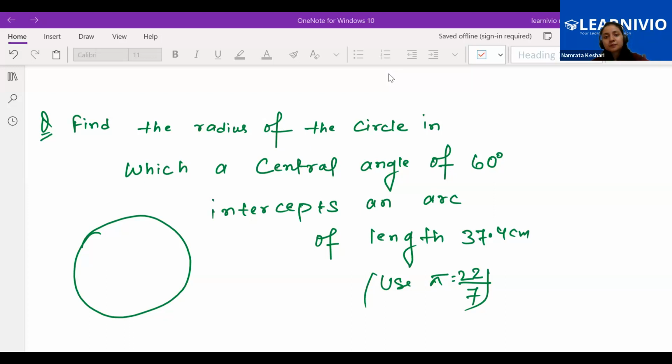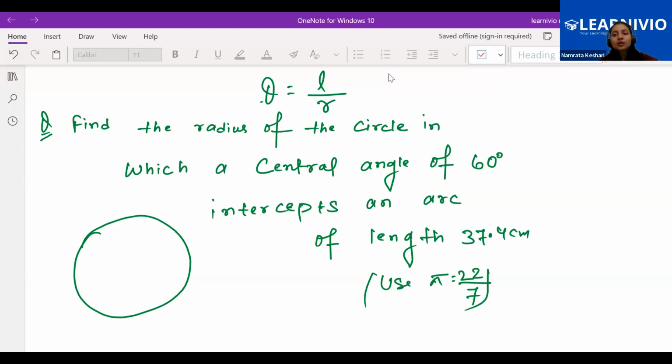Central angle, that is given as 60 degree. So we will be using theta as 60 degree. Yes, ma'am. Is it so? We are having the formula. Let me write the formula over here. Theta is equal to L by R. Here theta is 60 degree?